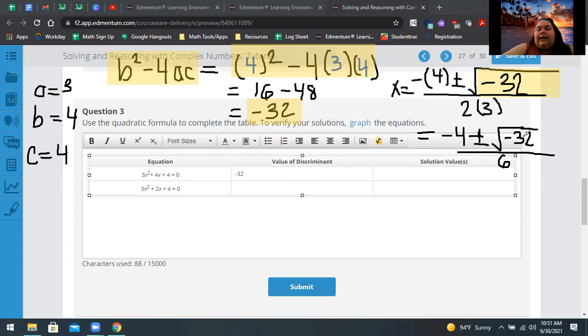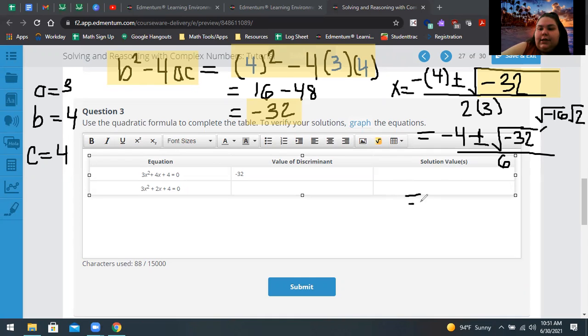Now, the negative 32, I can split into perfect square roots. Or if you're not too comfortable with it, you can break it down by the factor tree and take out the pairs. The square root of negative 32 can be broken down to the square root of negative 16, which is a perfect square, times the square root of 2.